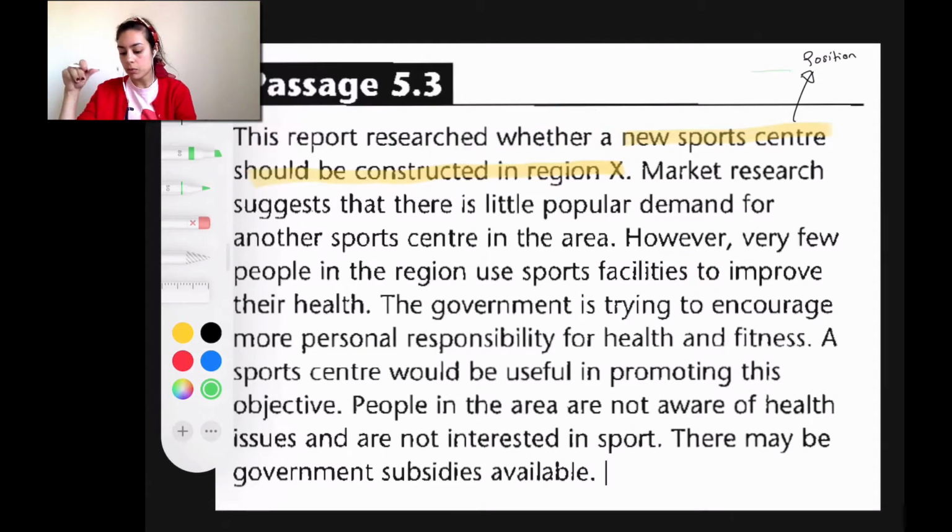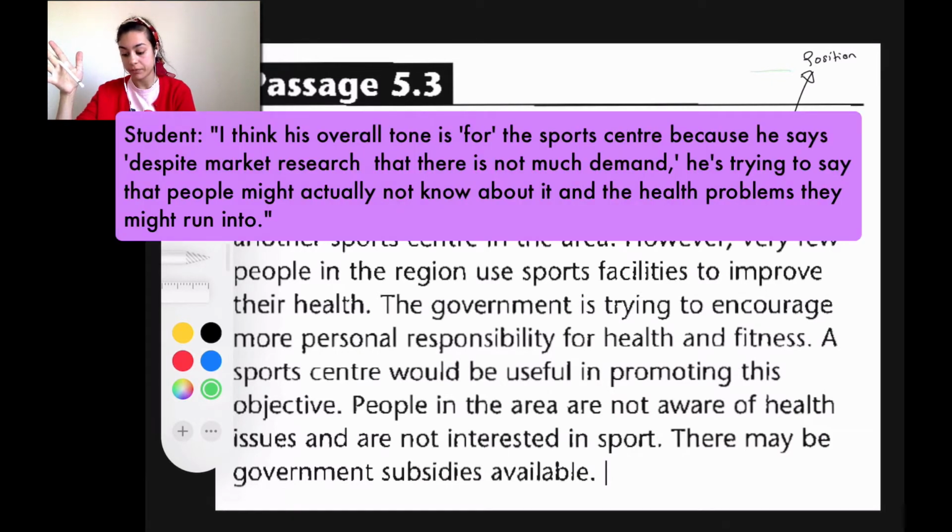So let's look at this. So the report researched whether a new sports centre should be constructed in X. So this is telling you the position. It researched whether it should happen. He hasn't stated it should or shouldn't yet. It's just saying this is what we did.